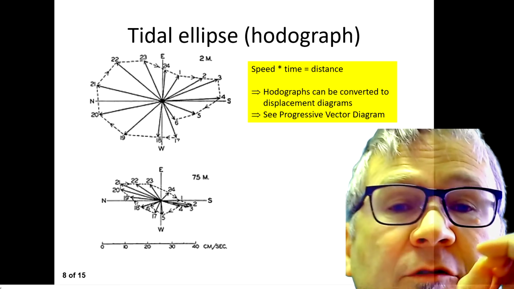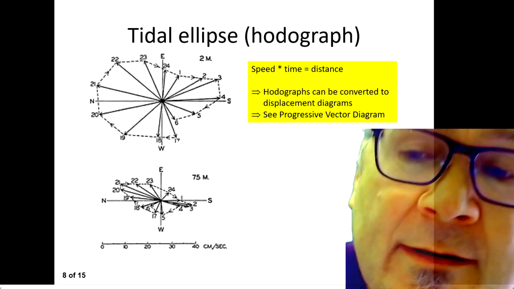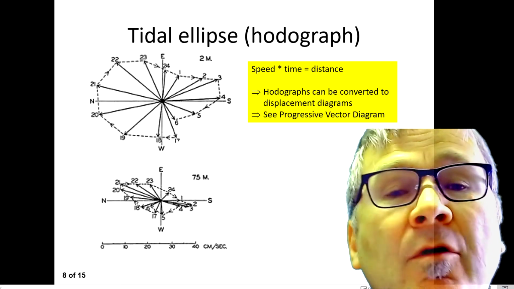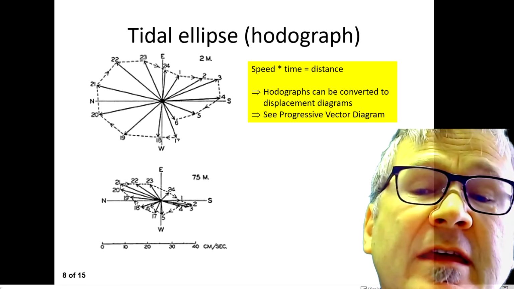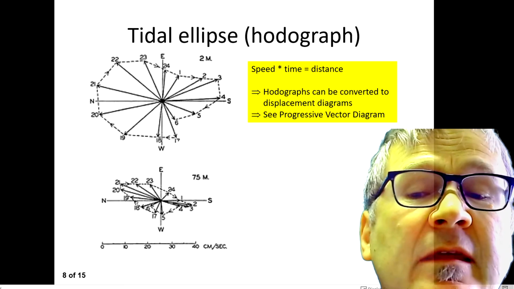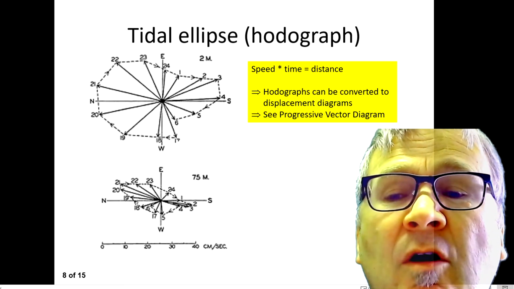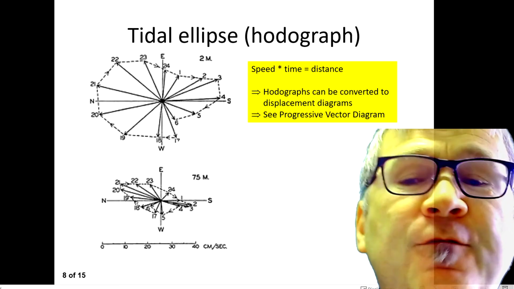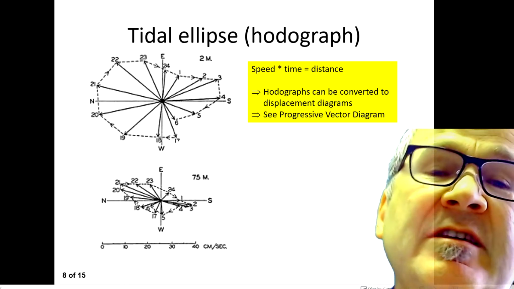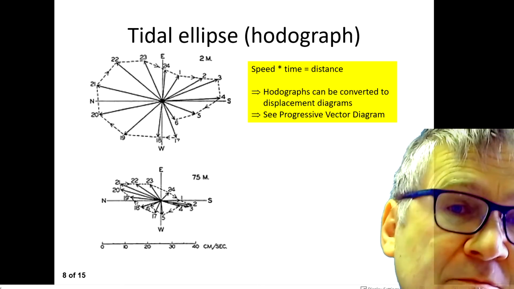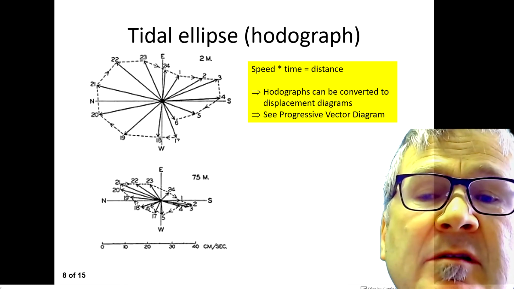And you actually draw the arrow after one hour. And after 2 hours, you draw another arrow. And after 3 hours, and so on. And then you do it over time. And you get over, in this example here, it's a full 24 hours. So these ones are diurnal tides. Okay, they have a different period than the semi-diurnal tides.